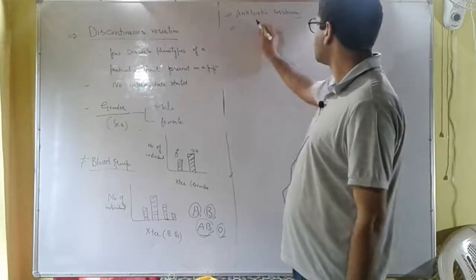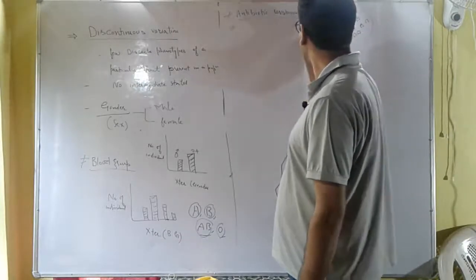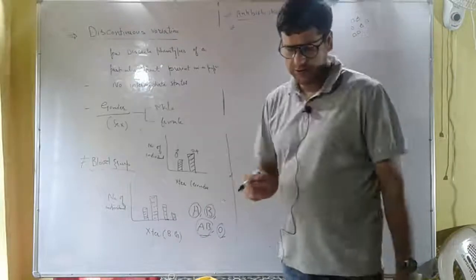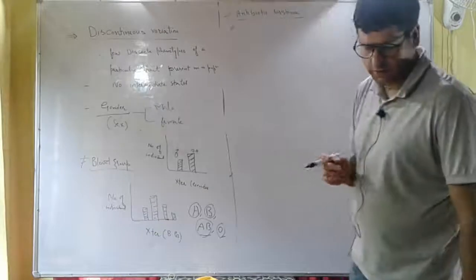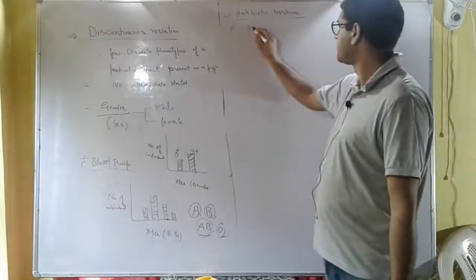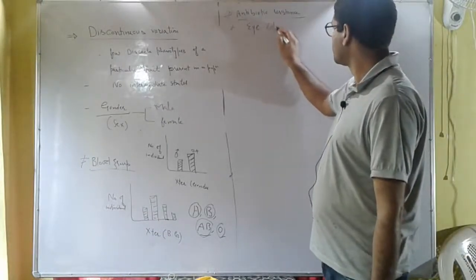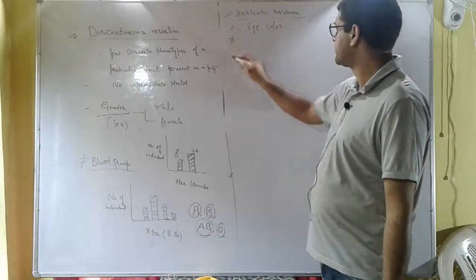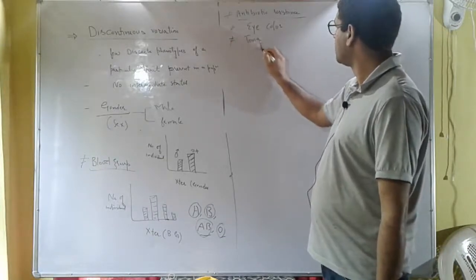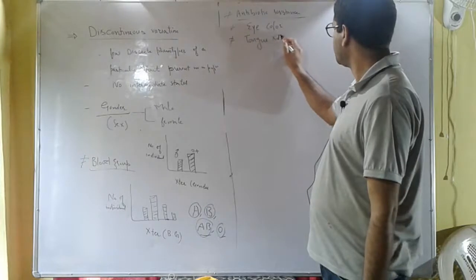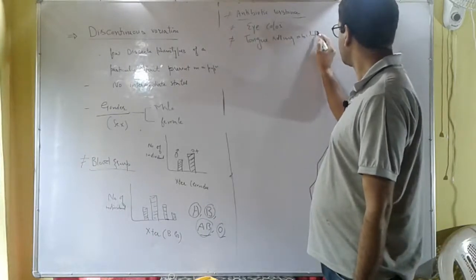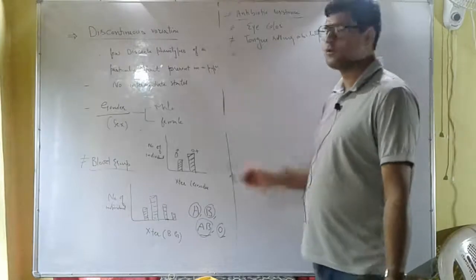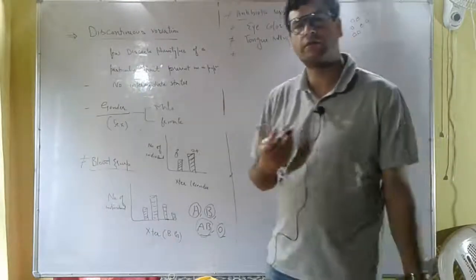Other examples of discontinuous variation include eye color. Eye color is also an example of discontinuous variation. We have tongue rolling ability. Either an individual can roll its tongue or it cannot.